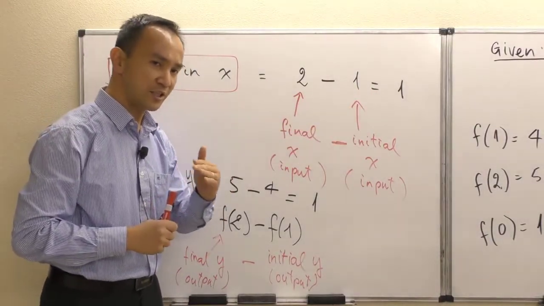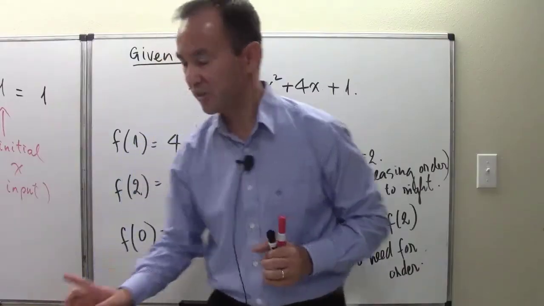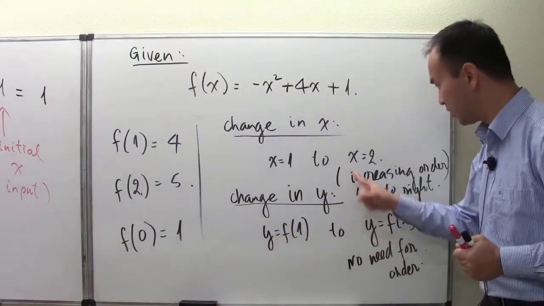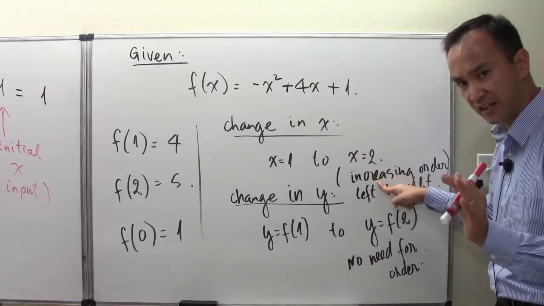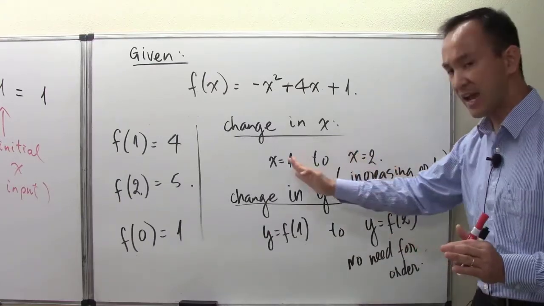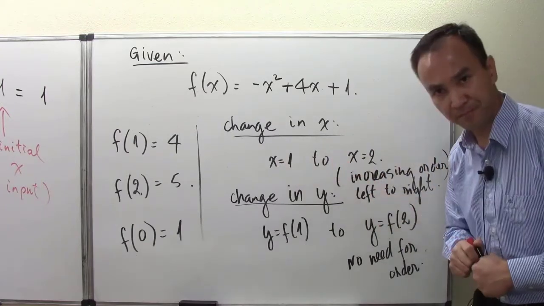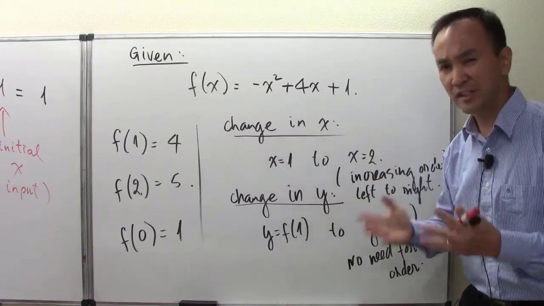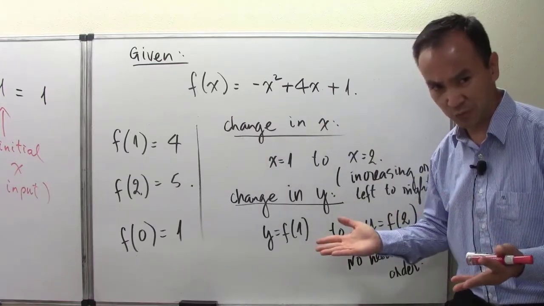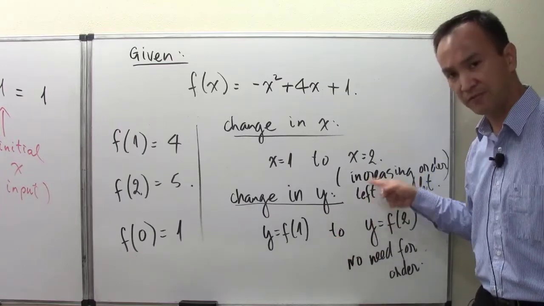Now I'm starting to use that term over simply because when we're looking at the change in x right here, we always set ourselves in that convention, that requirement, that we're putting x values in increasing order from the left to the right. We're always looking at the graph from the left to the right. Now, always is maybe not that precise a way of saying it, but a big percent of the time we're looking at the graph from the left to the right.